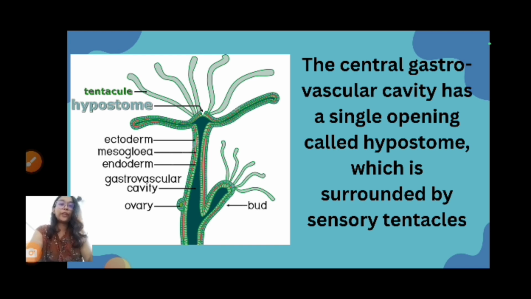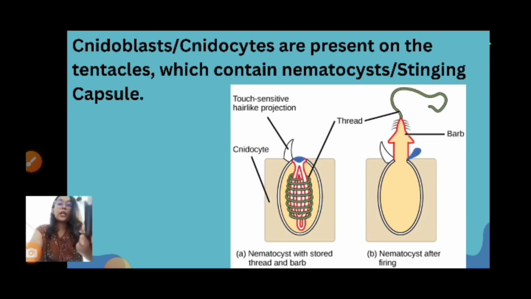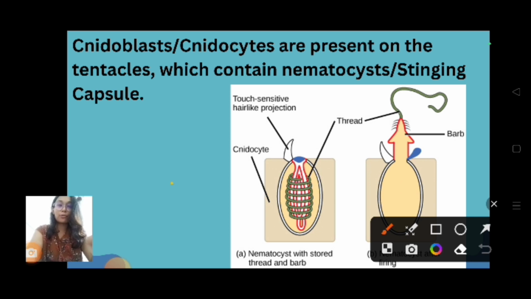Then moving on to the next slide. Since we have already discussed that it is having tentacles, let me draw for you. So it is having this tentacular structure. Okay, in these tentacles there are cells which are known as cnidoblasts, or we can say cnidocyte cells are present. There are millions of them present here. In one tentacle there are many present.